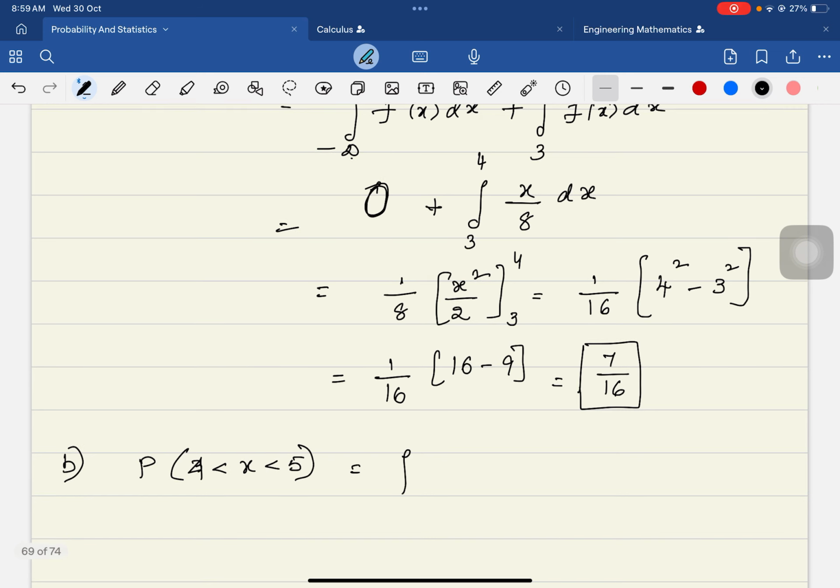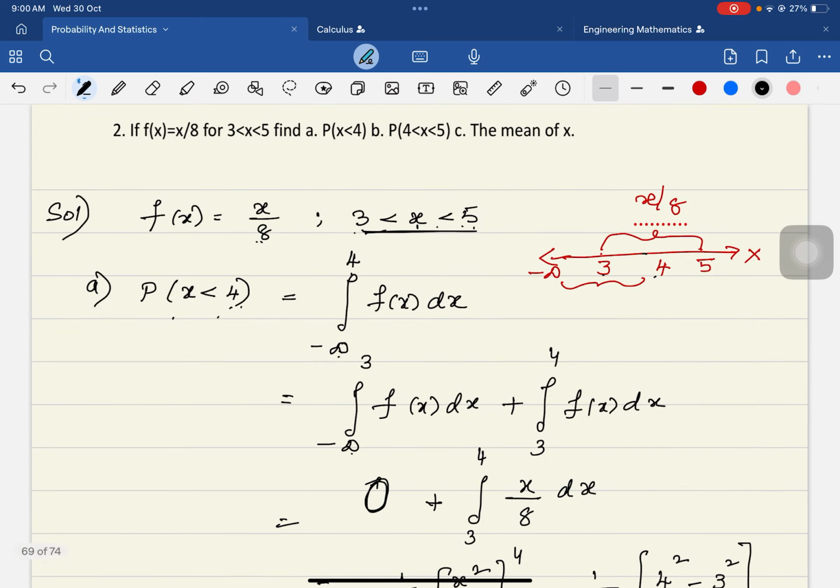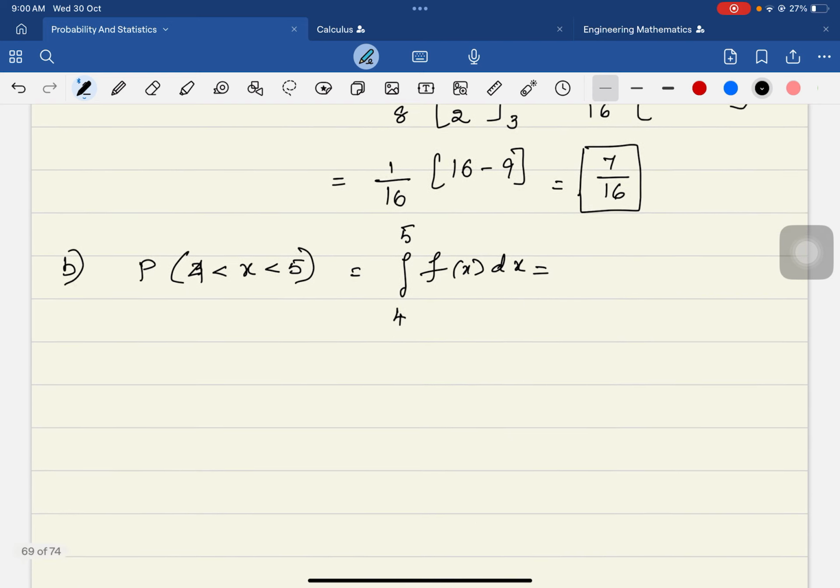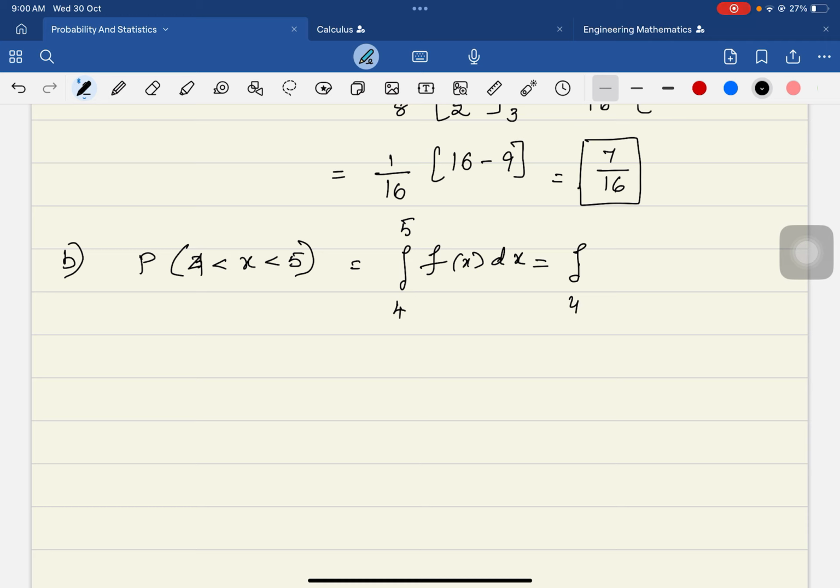That is the integral of 4 to 5 of f of x dx. From 4 to 5, f of x is x over 8 only. So the value is the integral from 4 to 5 of x over 8 dx. That gives you 1 over 8 times the integral of x dx, which is x square by 2 within the limits 4 to 5.